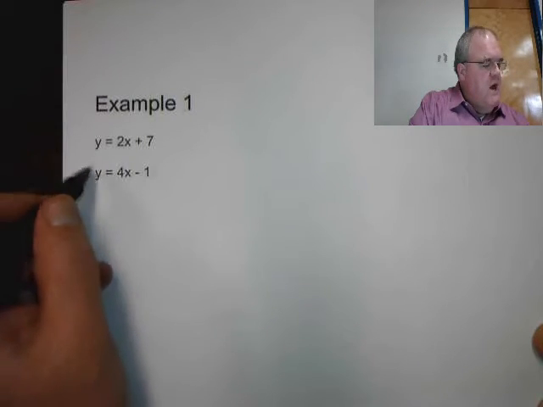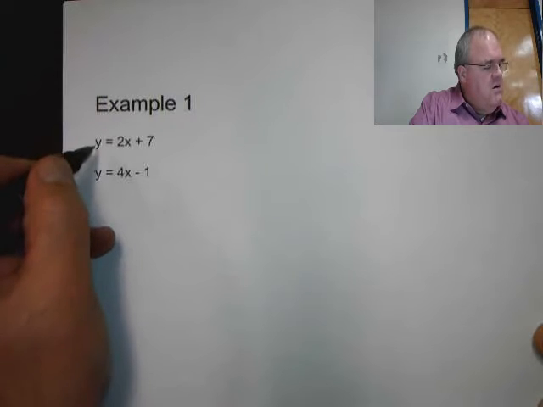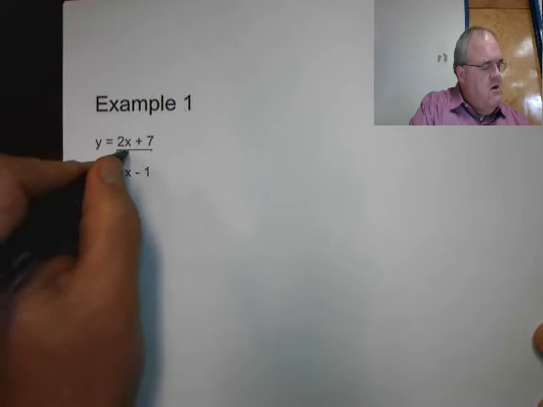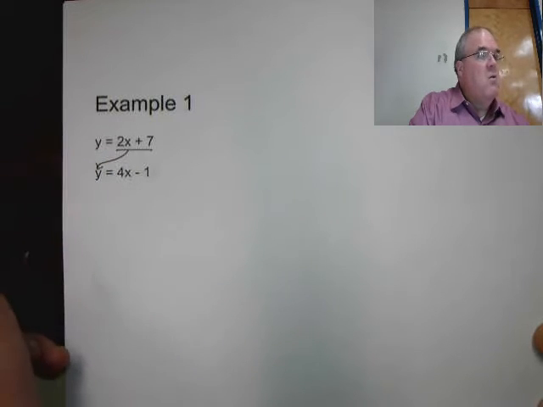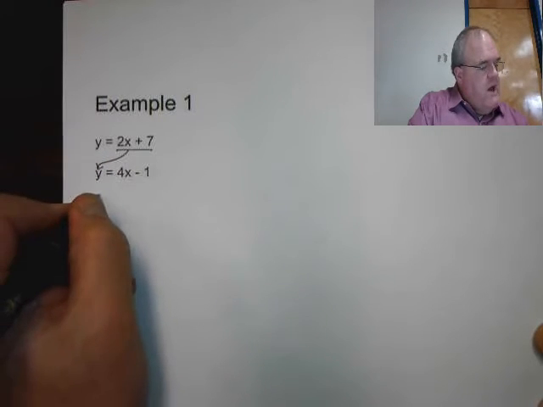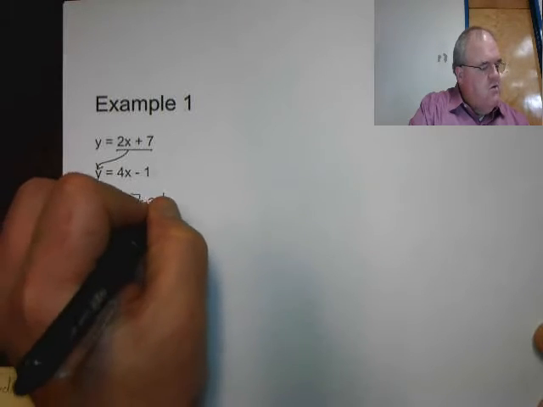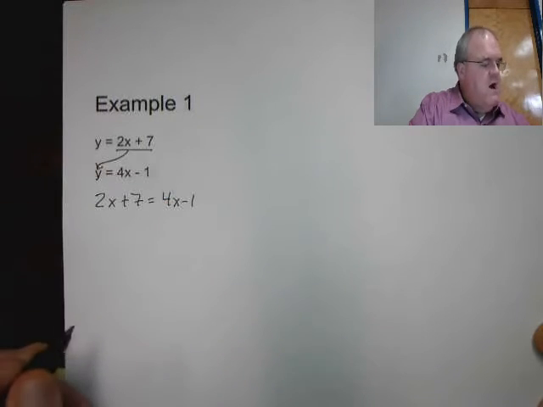So I'm just going to take equation 1 and move it down, and take the 2x plus 7 and substitute that in for y. So I'm going to have 2x plus 7 equals 4x minus 1.